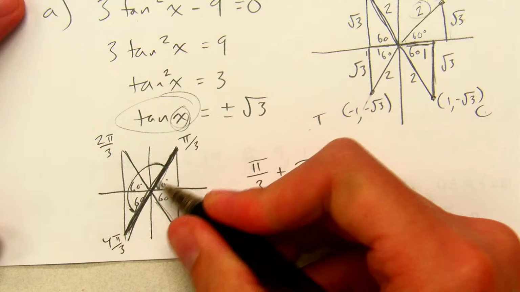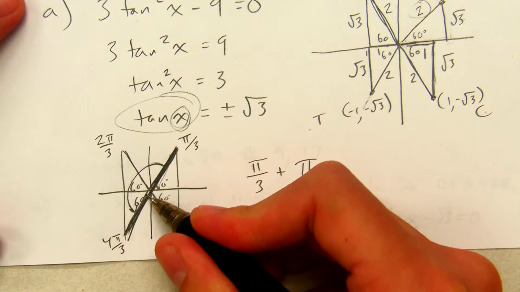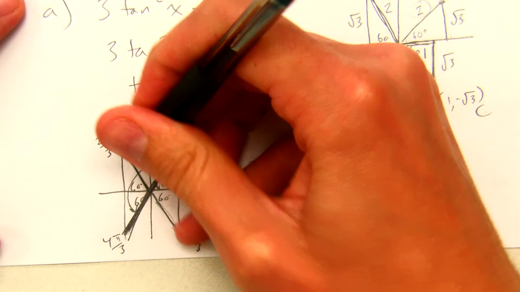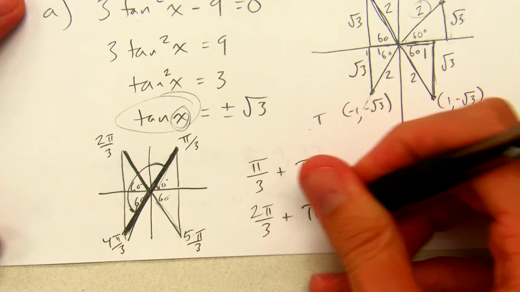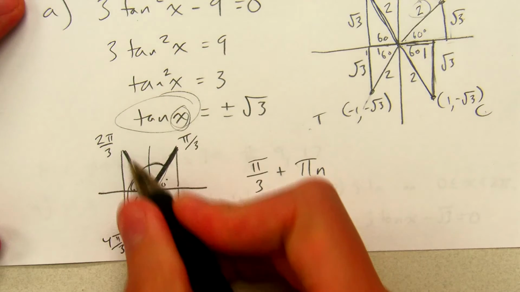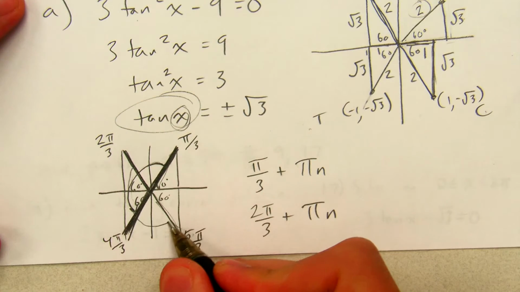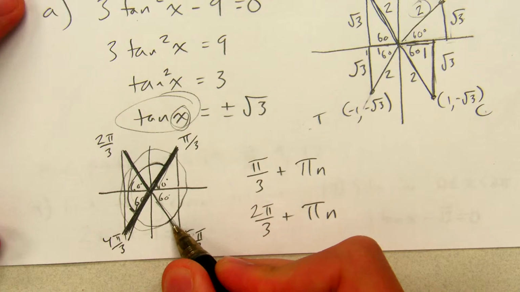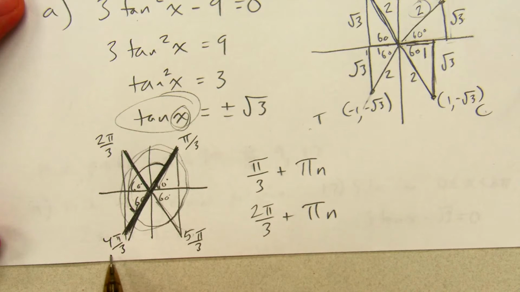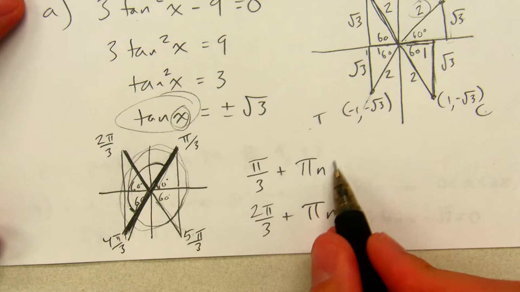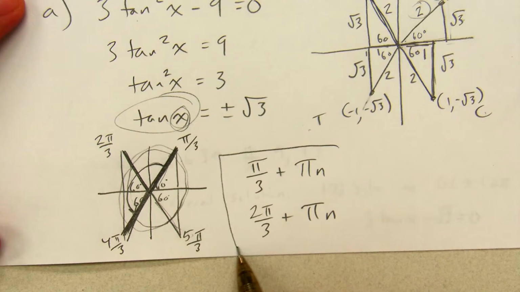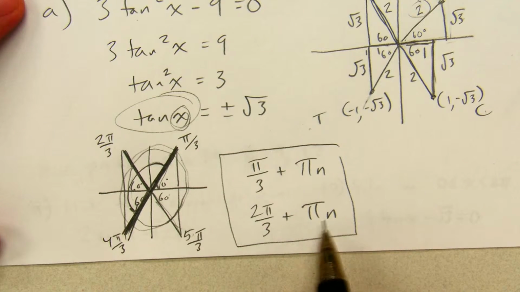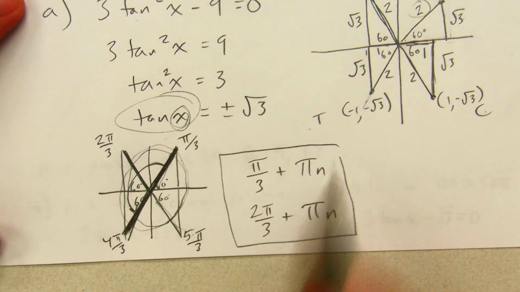And that gives me all of these solutions and all of these solutions. I can also say 2 pi over 3 plus 1 pi n, and that gives me these solutions, and pi away from that, and pi away from that, and pi away from that. So we can see that 4 pi over 3 and 5 pi over 3 are specific instances of pi over 3 plus pi n, and 2 pi over 3 plus pi n. These are my general solutions.